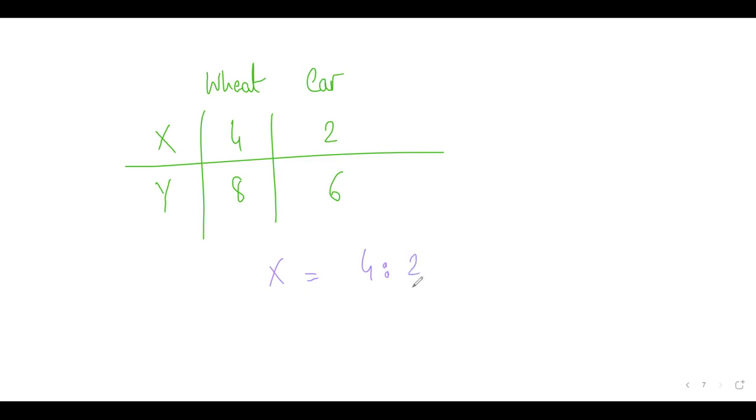If we simplify this, we can divide both sides by 2. So in the case of X, it will give you 1:2. What does this 1:2 show? That to produce 1 unit of car, you have to give up 2 units of wheat. For country X to produce 1 unit of car, you have to give up 2 units of wheat. Is it making sense?